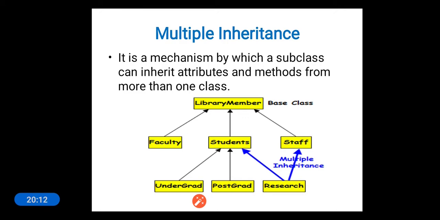And since this research scholar may also be an employee of that institution, he can have certain properties of the staff class like employee name, employee ID, salary, and so on. So here the research scholar is inheriting the properties from the student class and from the staff class. This is an example of multiple inheritance.